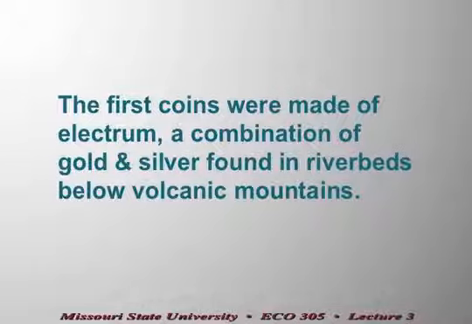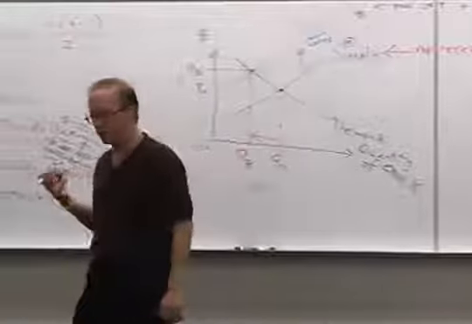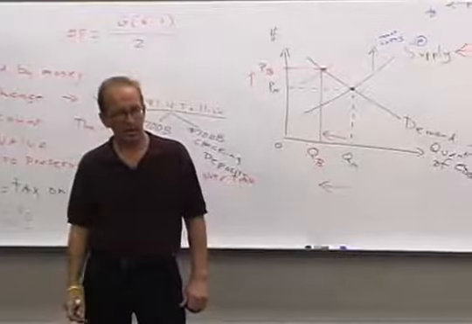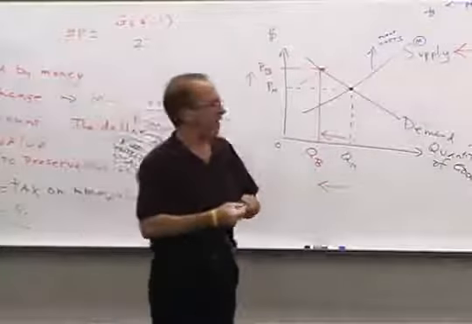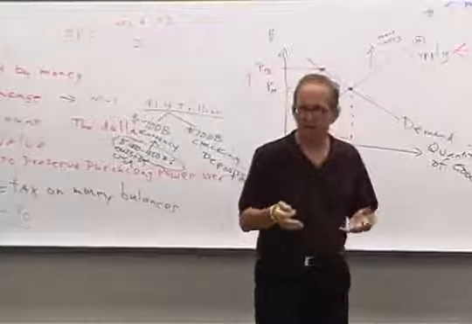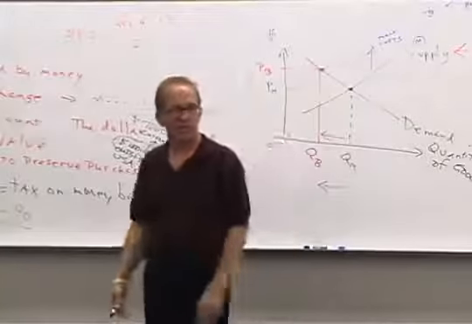And electrum was a combination of gold and silver. And this was alluvial gold and silver, and by alluvial I mean it was found in riverbeds.